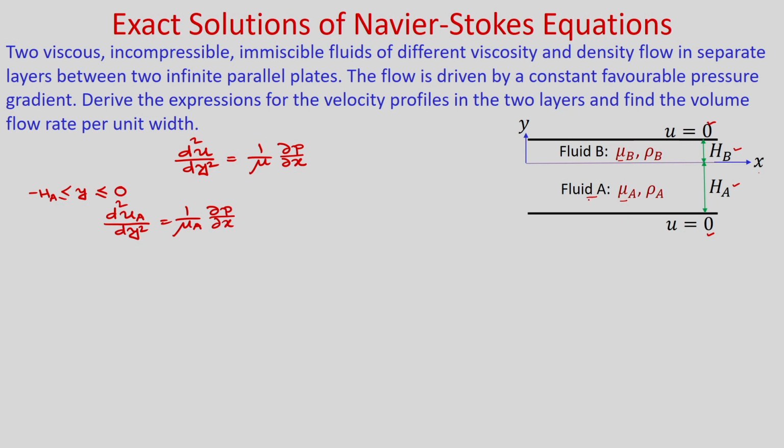So, it is for the layer of fluid A, okay, and if you integrate twice, then you will get du A by dy is equal to 1 by mu A del p by del x y plus integration constant C1 A, and u A is equal to 1 by twice mu A del p by del x y square plus C1 A y plus C2 A.